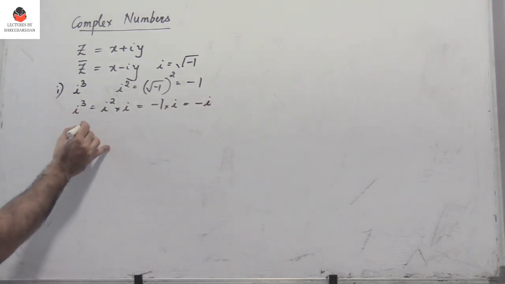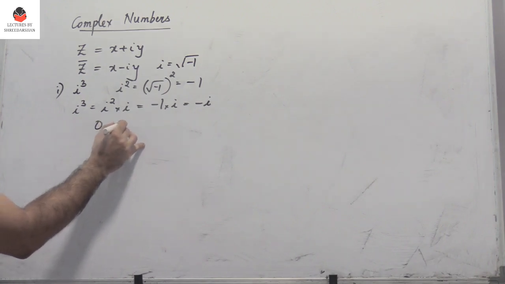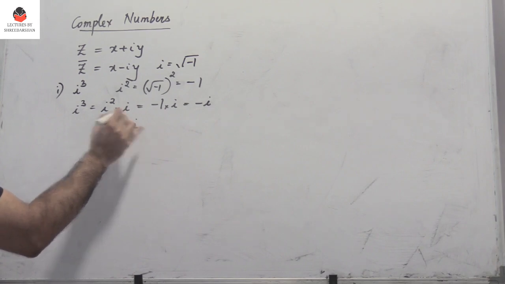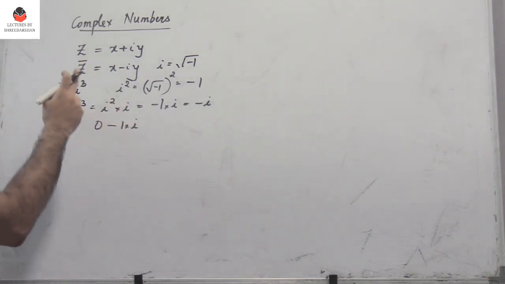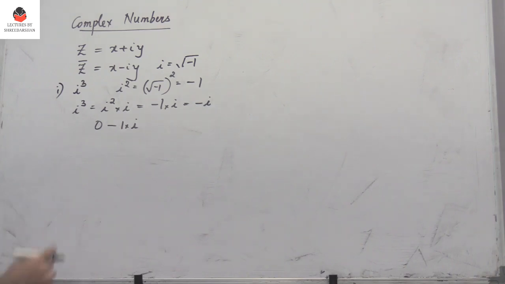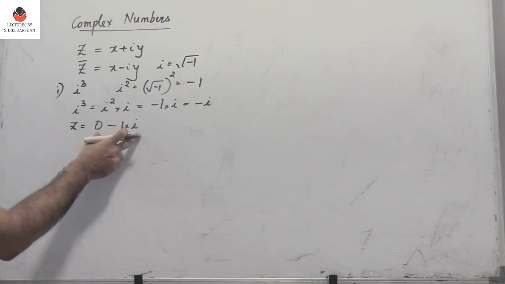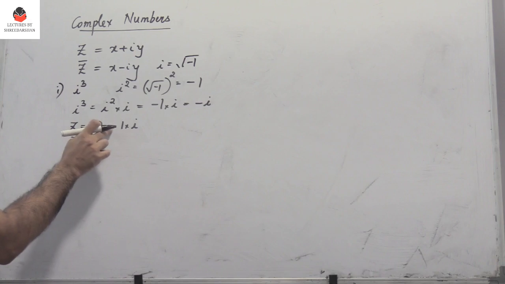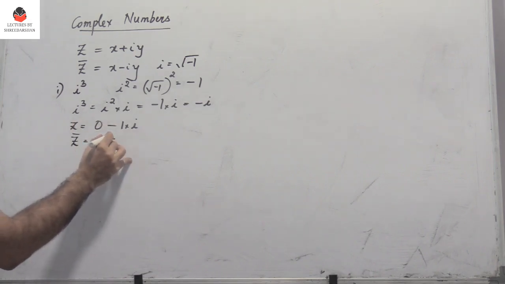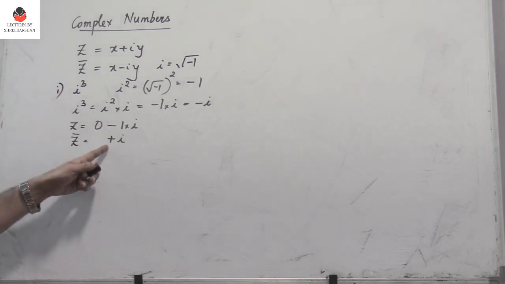So this can be represented as 0 minus 1 into i, right, where x is 0 and y is minus 1. So let me call this z. Now what is the conjugate of this? I need to change minus to plus, so it's going to be plus i. So the conjugate of i cube is plus i.